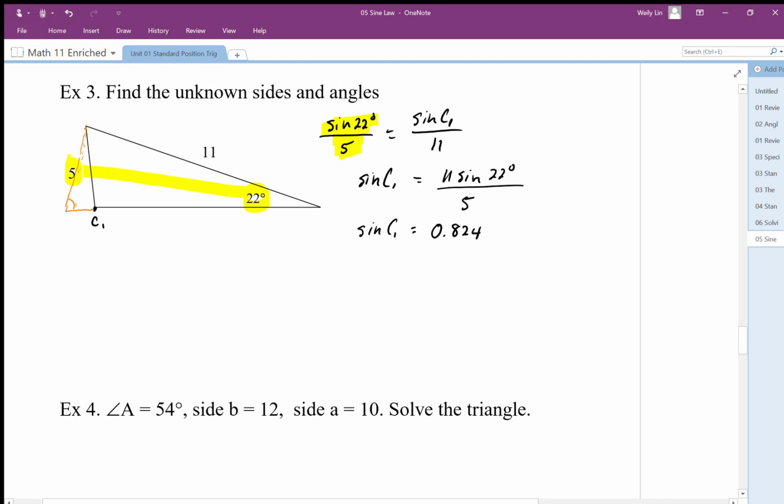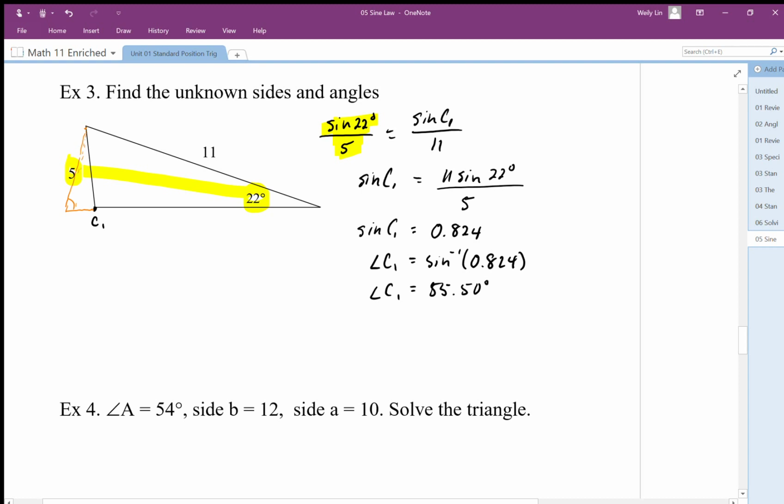Okay, so I'm going to undo that sine with an arcsine. So input my ratio, my angle is my output, and C1 is going to be 55.50 degrees.